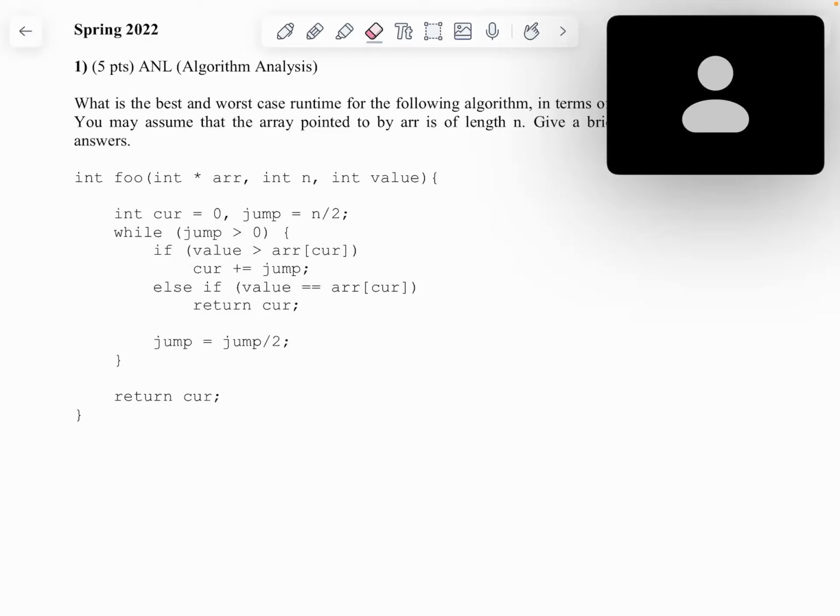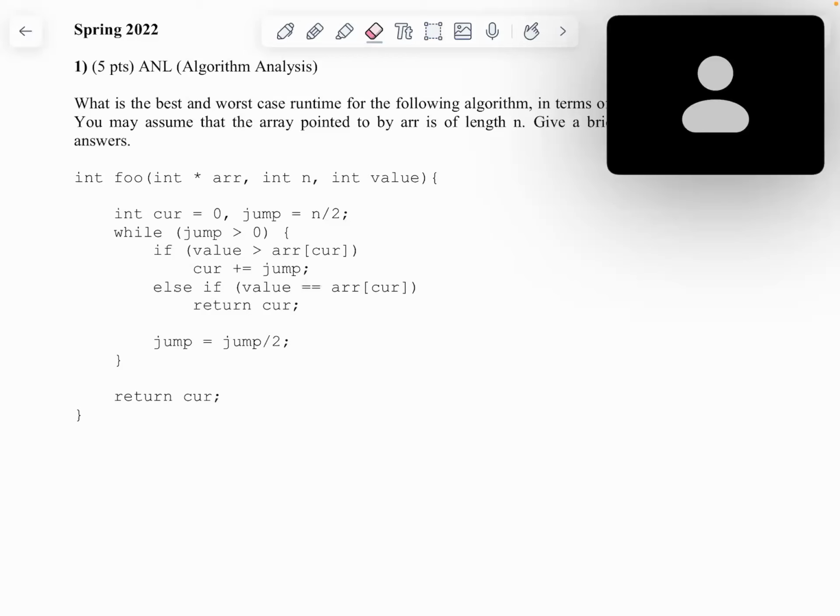So we know this while loop is going to run while jump is greater than 0. So we know our last possible iteration of this is going to be when jump is 1. And we know that jump starts at n divided by 2.